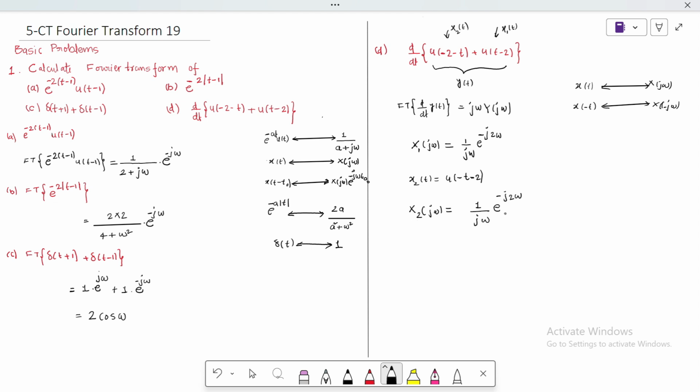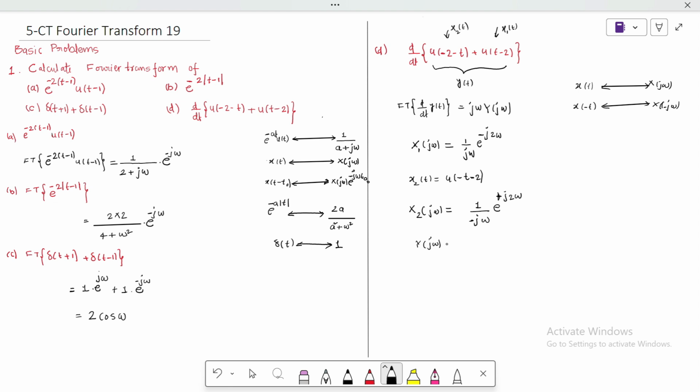So for this case, this is the formula for u of t minus 2. Still we didn't apply the time reversal. For the time reversal, for minus t, the omega must be replaced by minus omega. So here we will get minus j omega, and here it will be plus. So this is the case. Add these two, then you will get the Y of j omega.